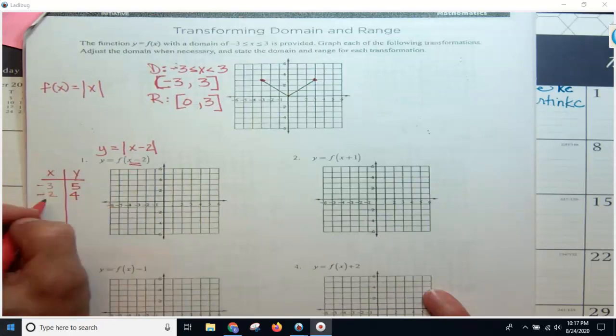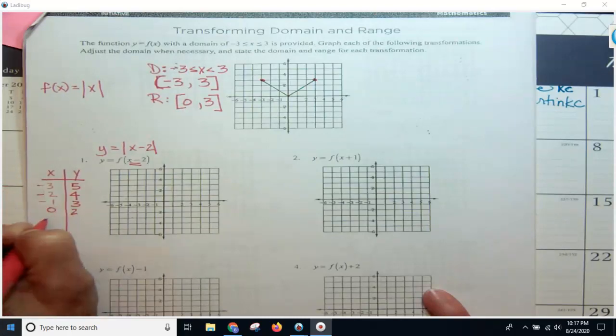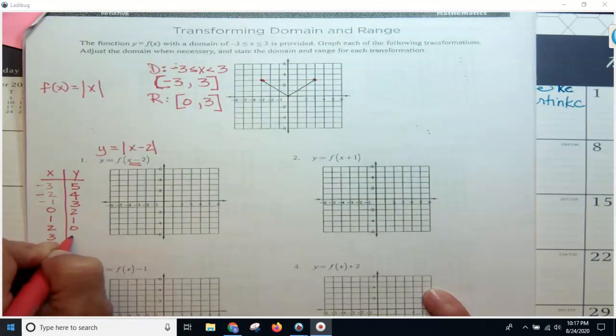Absolute value of -4 is +4. 1 is going to be 3. 0 will be 2. +1 will be 1. 2 will be 0. 3 will be 1. 4 will be 2. And 5 will be 3.